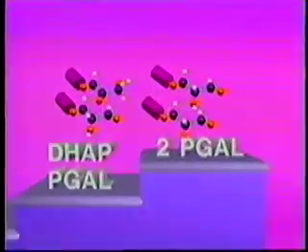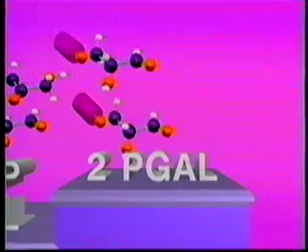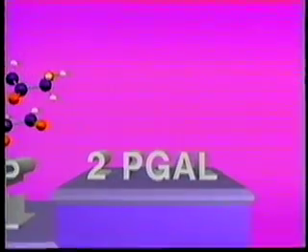In summary, ATP infused more energy into 2 PGAL molecules than contained in the parent glucose molecule. In the next program, we'll follow the fate of PGAL through the second half of glycolysis.